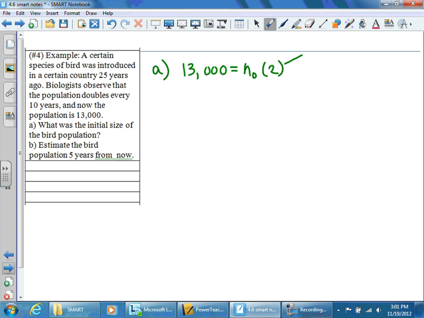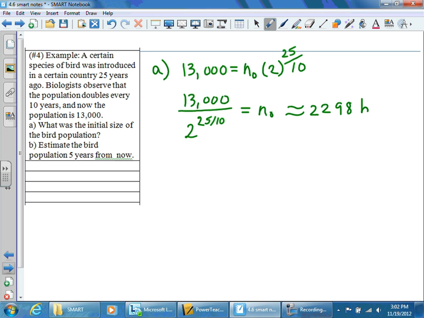It was 13,000 25 years ago, and they told me it doubles every 10 years. So now basically I just need to solve for N naught. I can divide both sides by 2 to the 25 tenths, and that would give me my initial size, approximately 2,298 birds.